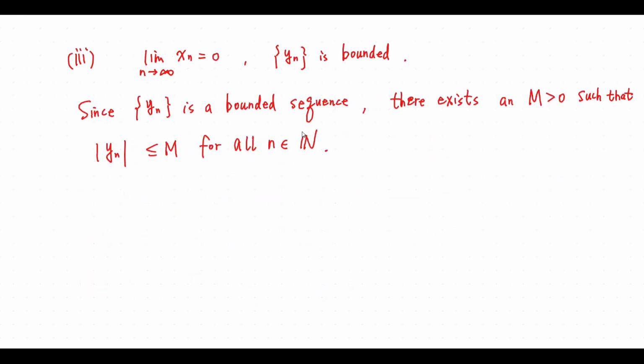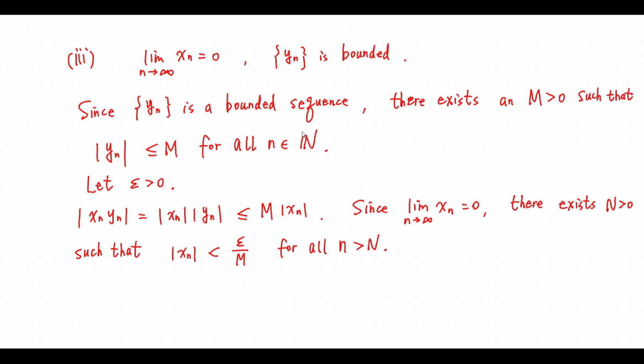Question 3. Since yn is a bounded sequence, there exists a real number m greater than 0, such that the absolute value yn is less than m for all positive integer n. Let epsilon be a real number greater than 0. We have this inequality.